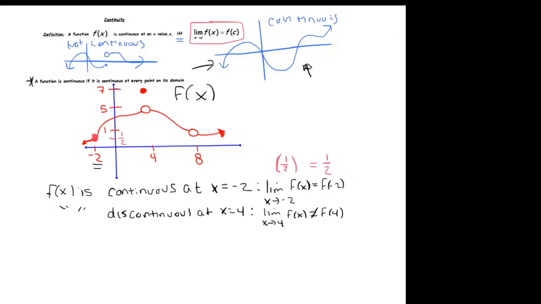So to see this more clearly, just evaluate the limit of f of x as x goes to 4. That is 5. Right? If you go to the graph, you can see that this is 5. But that's not equal to f of 4, which is 7.